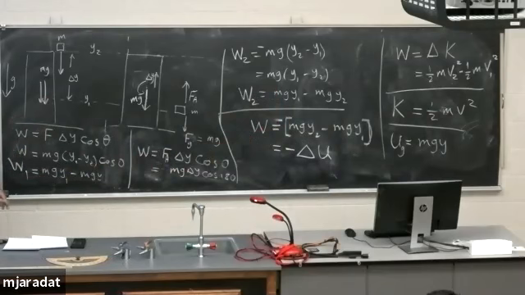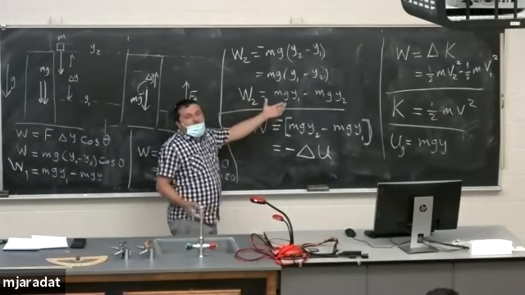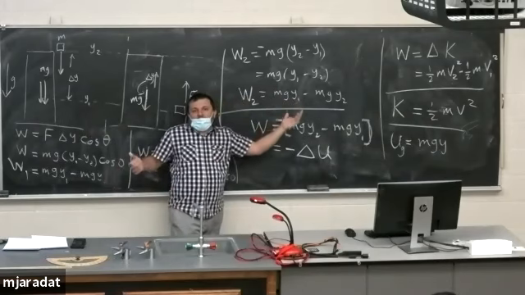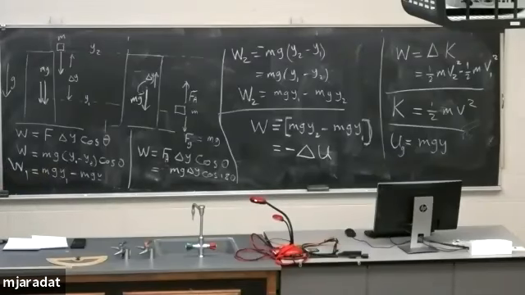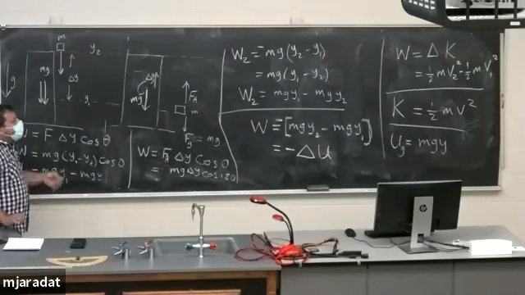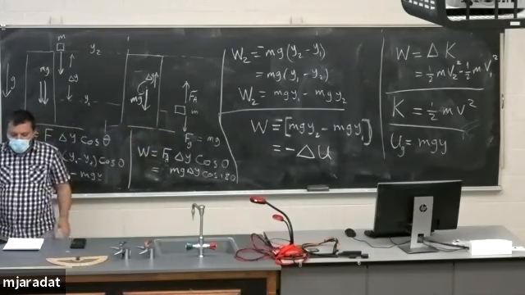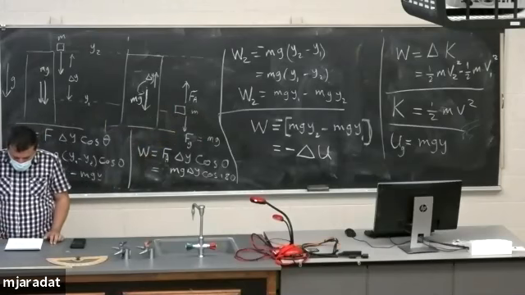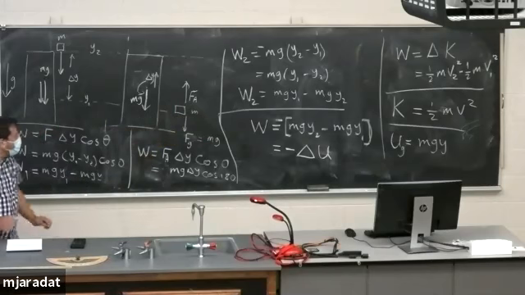But here, because we will solve examples using the work and the altitude, I show you the derivation. And because U is an energy, its unit is joules. Any question about that?